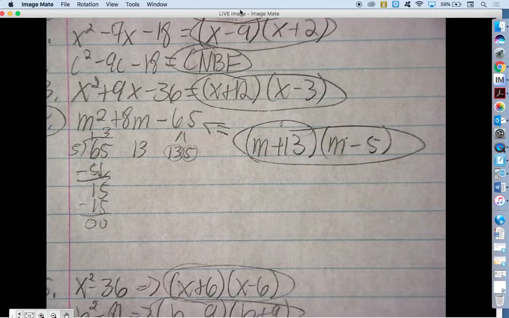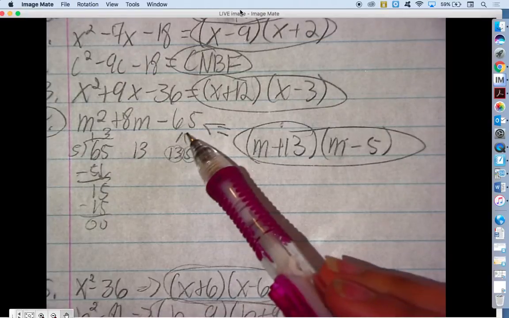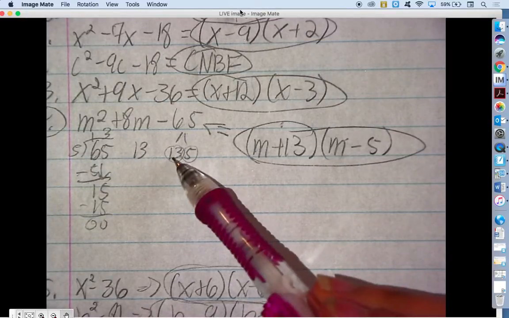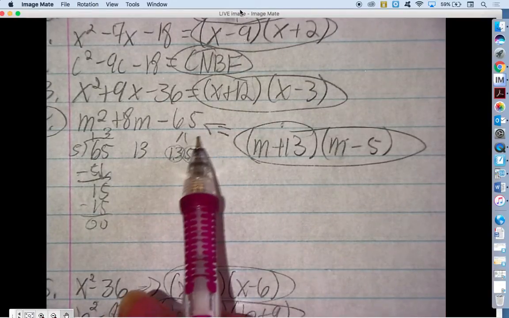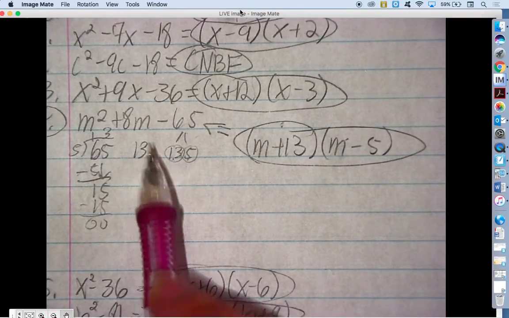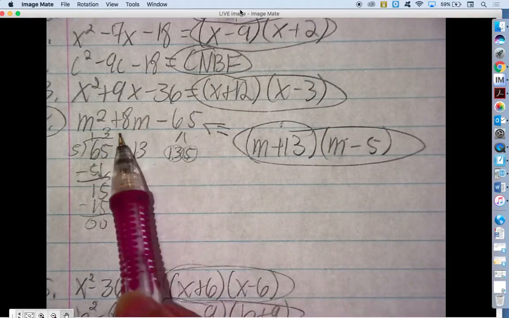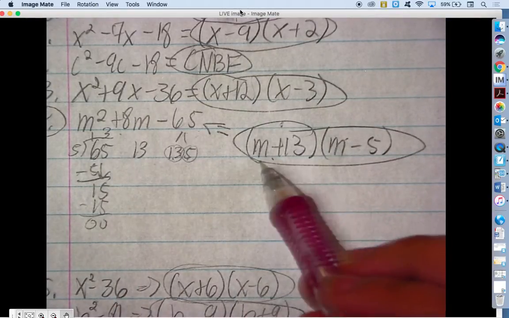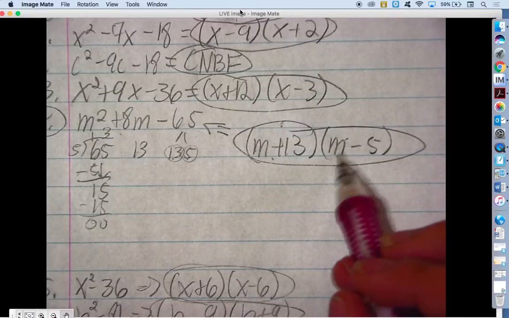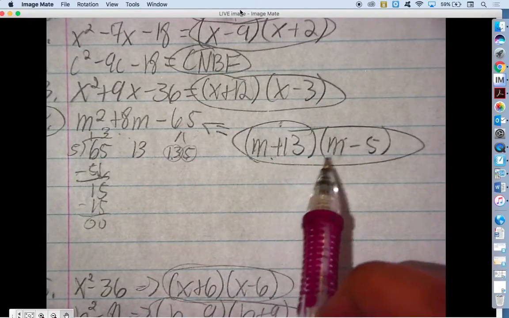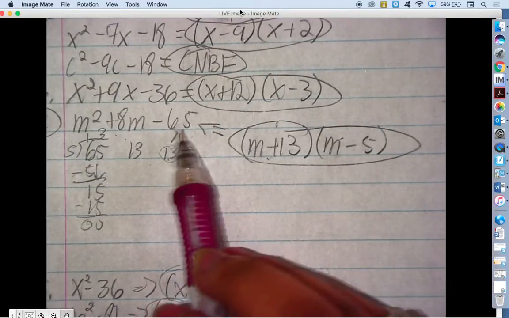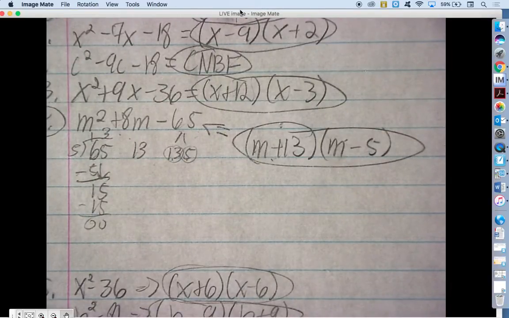So basically, I figured out that 13 and 5 both went into negative 65, and I also realized that 13 minus 5 was 8. So I did m plus 13 and m minus 5, because 13 minus 5 is 8, but 13 times negative 5 was negative 65, so it was factorable.